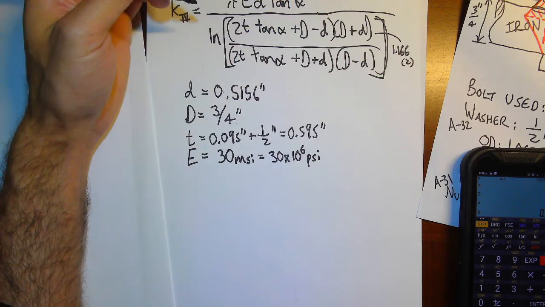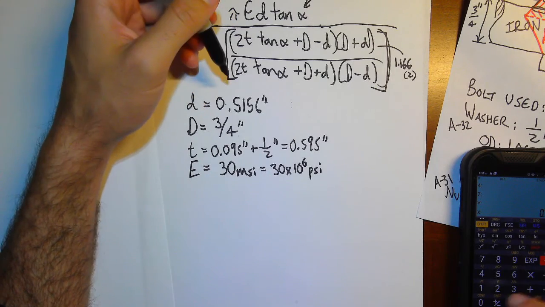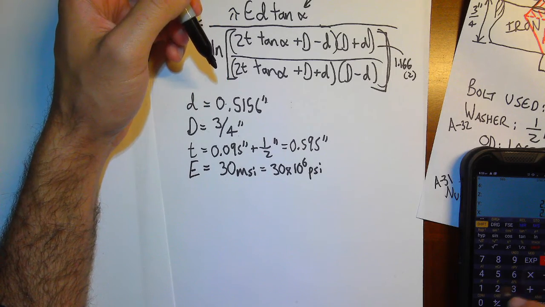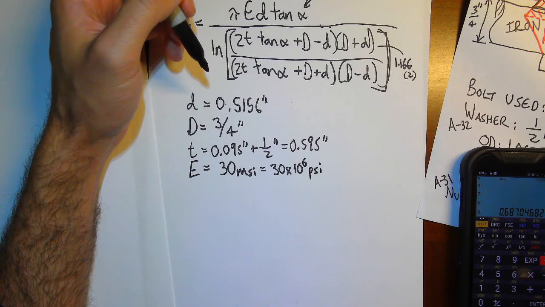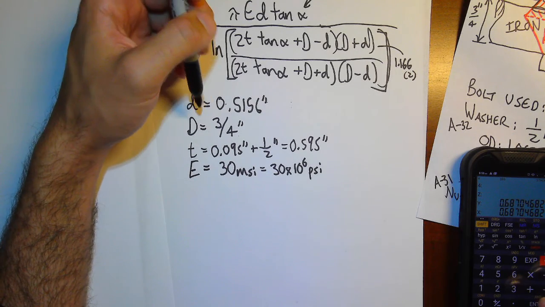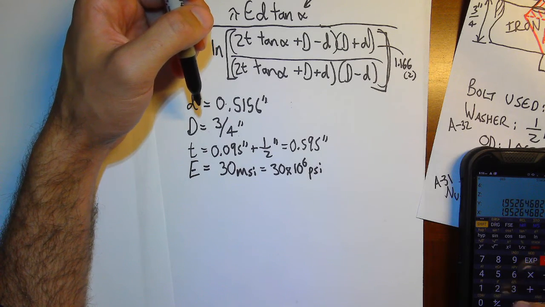Just make note of where my numbers are in my calculator memory. Next one, 595 times tangent of 30 times 0.75 plus 0.5156 plus 0.75.